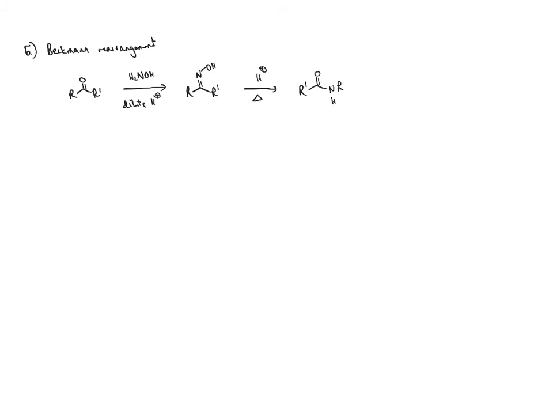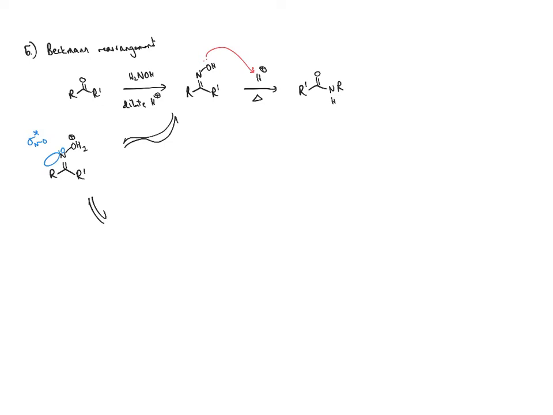Okay, so let's figure out how this might occur. Let's actually start from the oxime itself. The oxime itself is going to first protonate. So we have this positively charged species. You can see that the sigma star nitrogen-oxygen orbital is directly aligned with the carbon-R group bond.